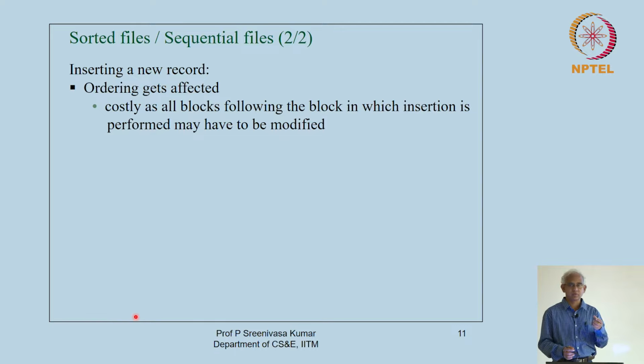So the overflow has to go into the next block, and so on. All blocks will get affected, right? That's messy because if the file has 1000 blocks, then you have to put this record in, say, 100 blocks. Then all those remaining blocks you have to read and write back.